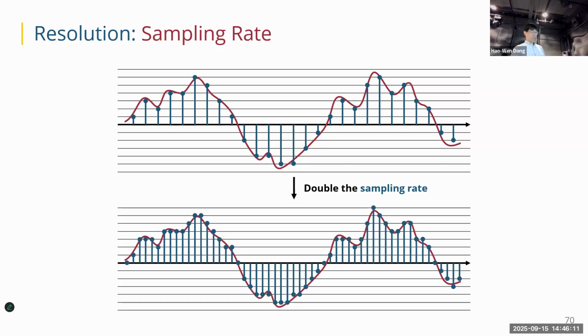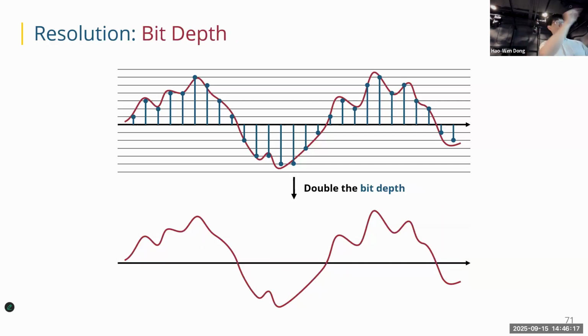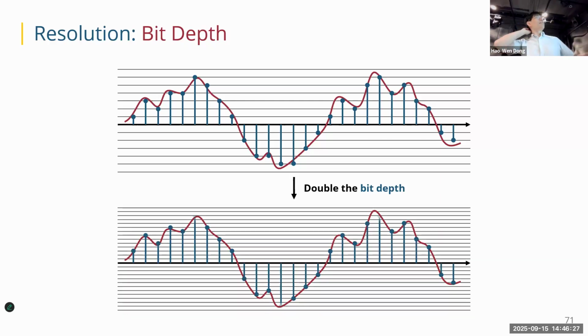If you double the sampling rate, then it will be much denser. You can also increase the bit depth. It's not double, it's incrementing the bit depth by one, but you would double the amount of possible Y values you can have. So you can get finer sampling for that.